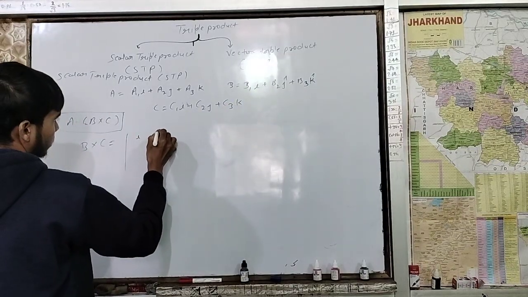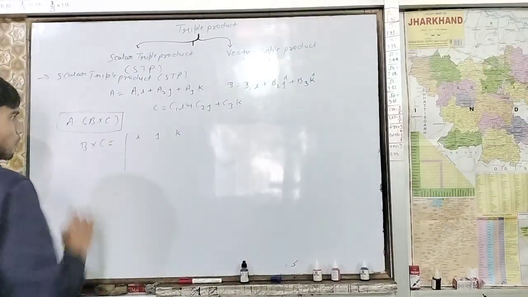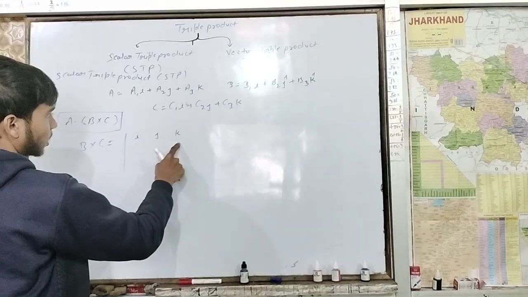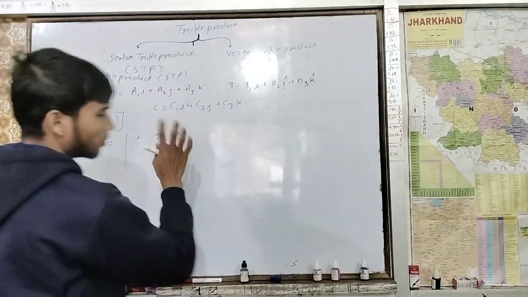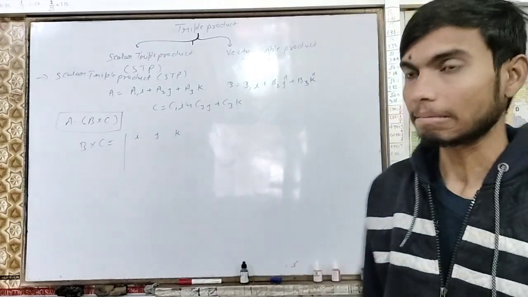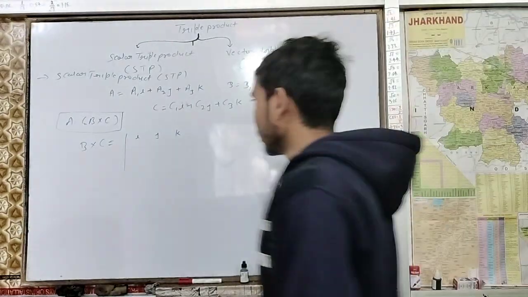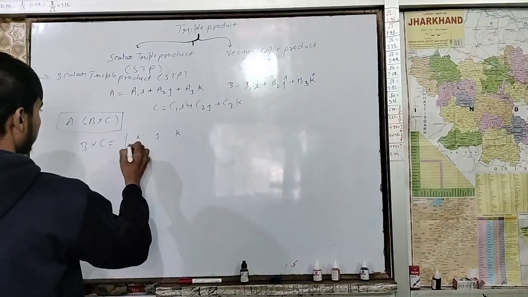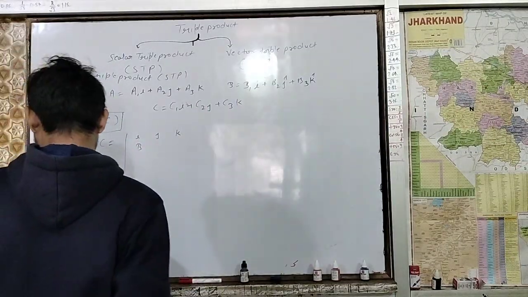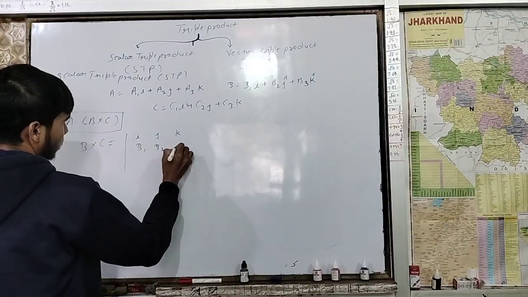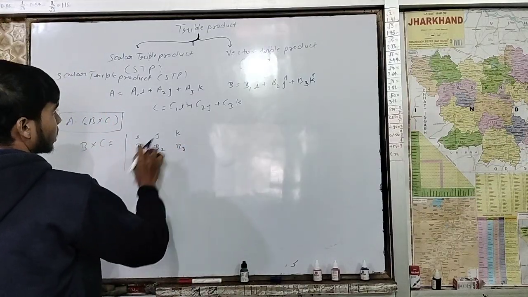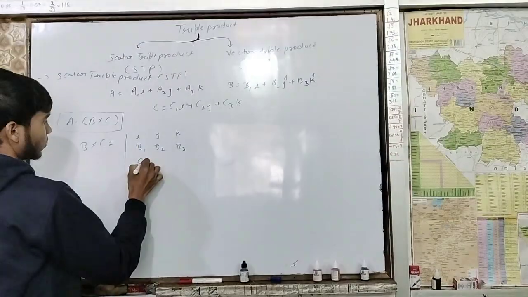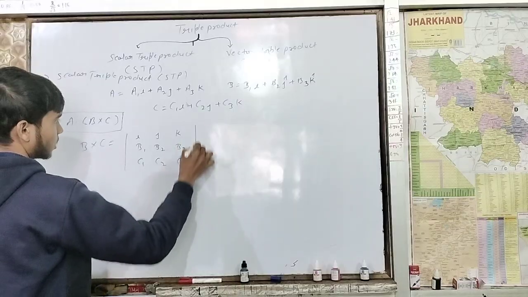So this is i, j, k. You know it goes positive, negative, positive, like this. This is the rule of a determinant. In the place of the second row we have b1, b2, b3, this vector, and in the third row we have c1, c2 and c3.